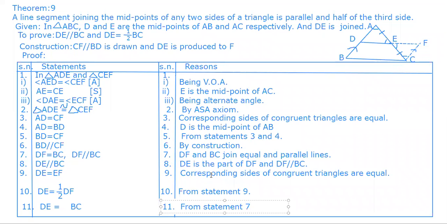From statements 7 and 10 we can write DF and BC are equal, so in the place of DF we can write BC. So DE is half of BC. That is what we have to prove: DE is parallel to BC and half.